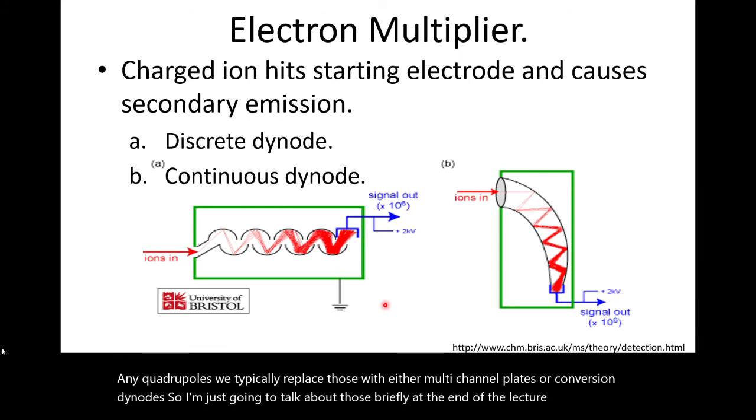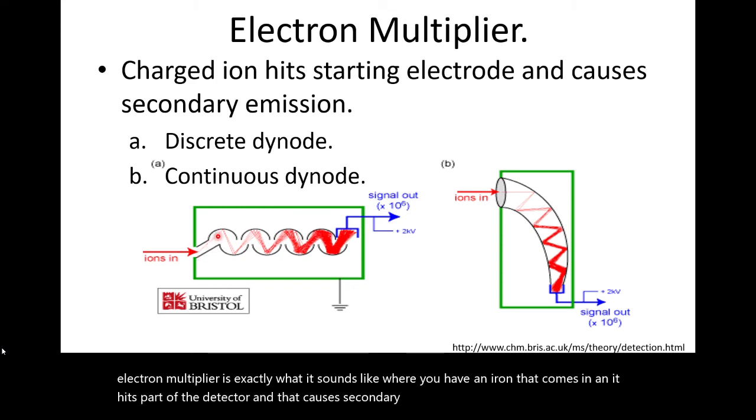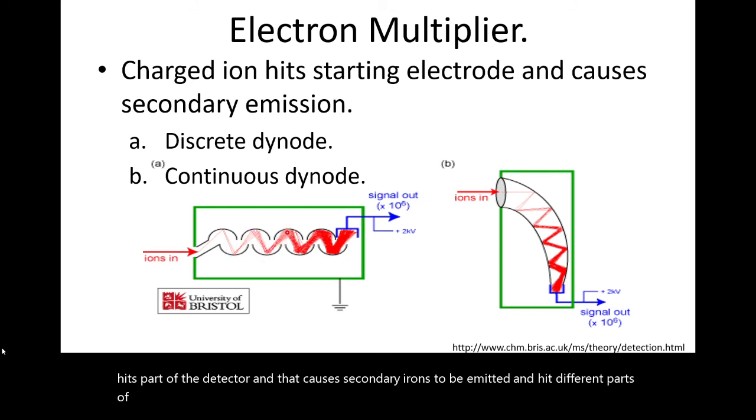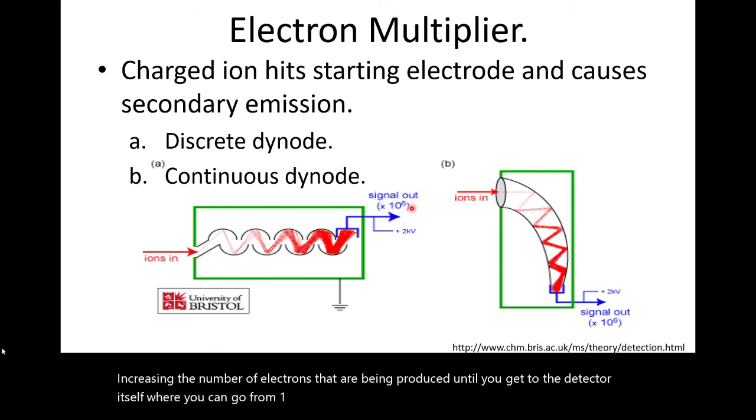So an electron multiplier is exactly what it sounds like, where you have an ion that comes in and it hits part of the detector, and that causes secondary ions to be emitted and hit different parts of the detector, increasing the number of electrons that are being produced until you get to the detector itself, where you can go from one ion to 1 million electrons to increase the signal that you're detecting.